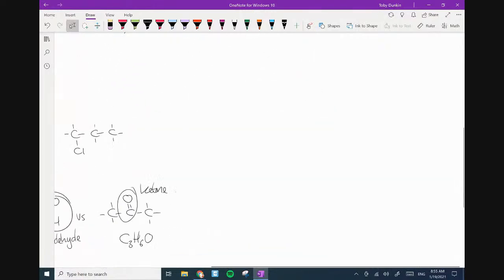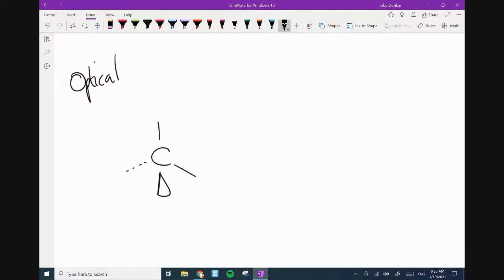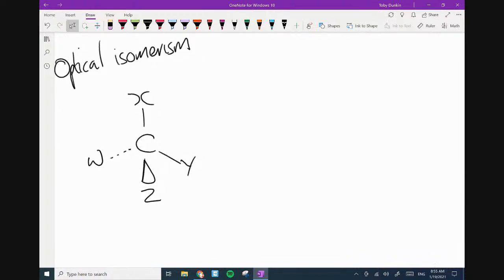Arrangements in space. So optical isomerism, and I'll explain this in more detail next lesson. Optical is a carbon atom with 4 different groups. So I've got a H, an R, it really doesn't matter, I'll just put X, Y, Z, and W. All the groups must be different.